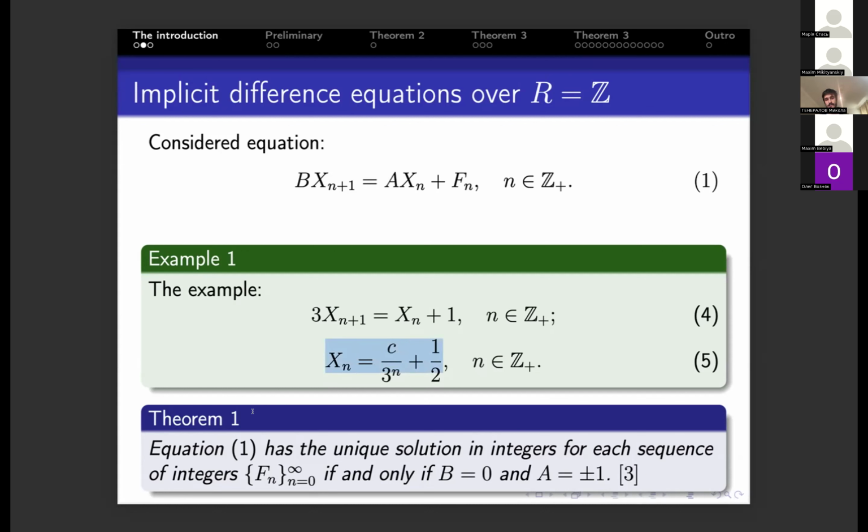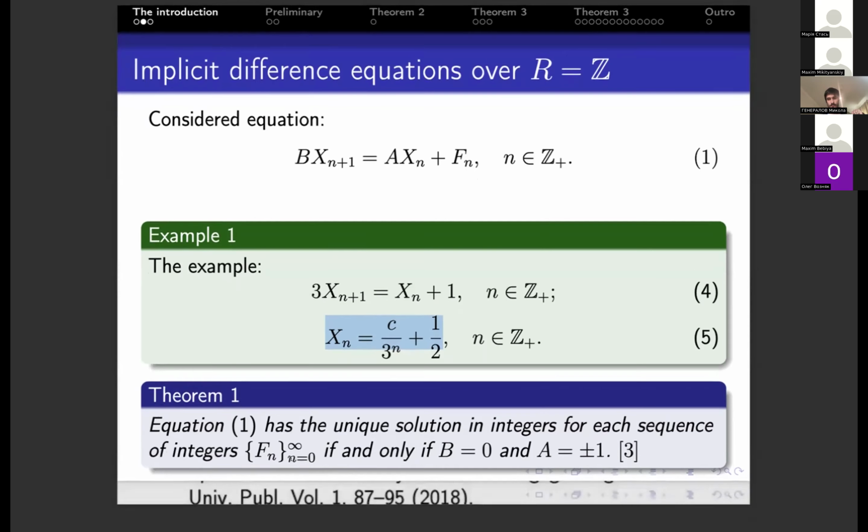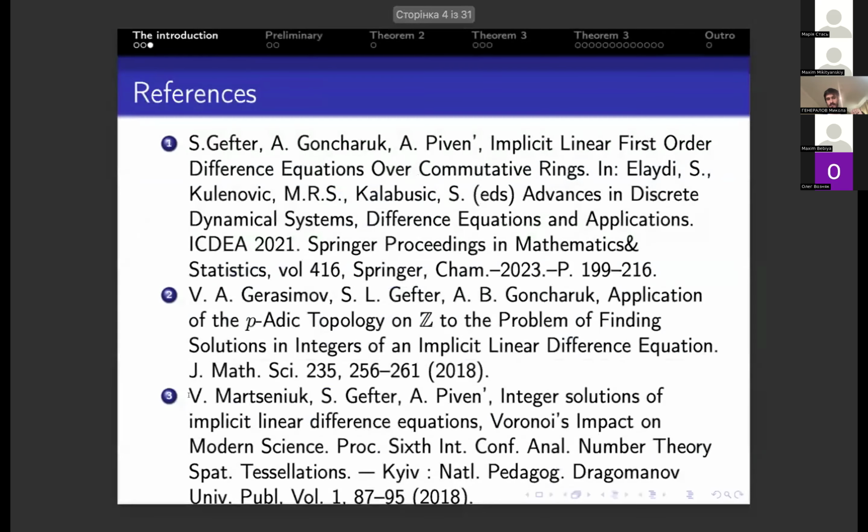Equation 1 has a unique solution in integers for any sequence of integers f sub n if and only if b is equal to 0 and a is equal to plus or minus 1, which was proved in the work numbered 3.